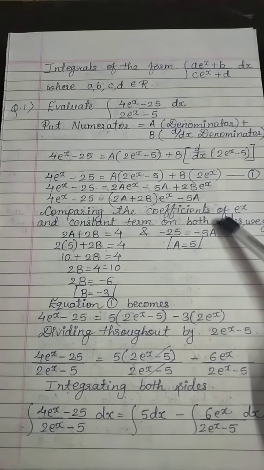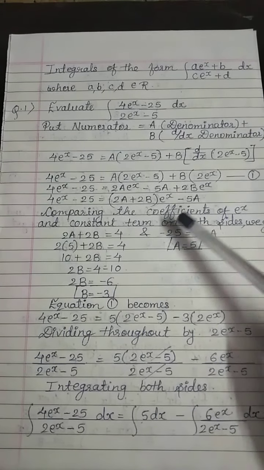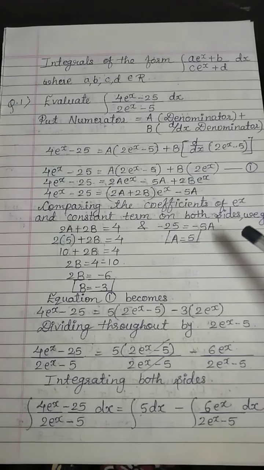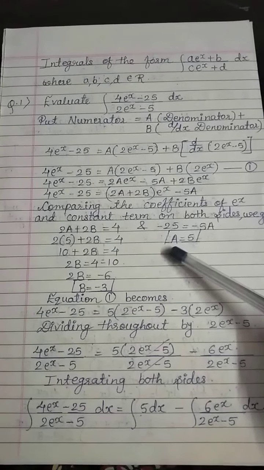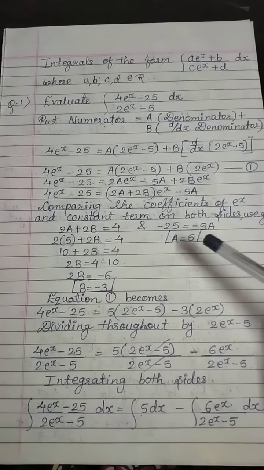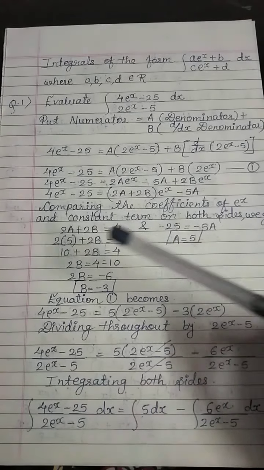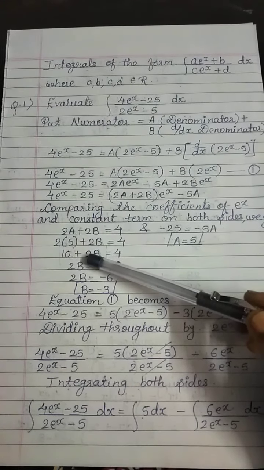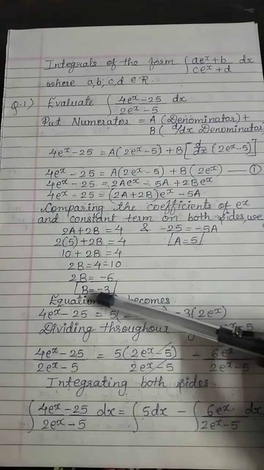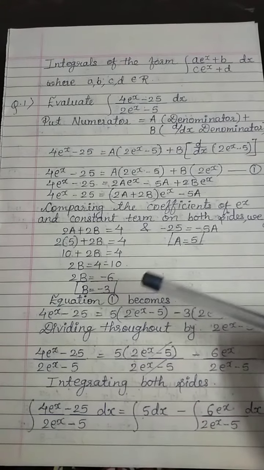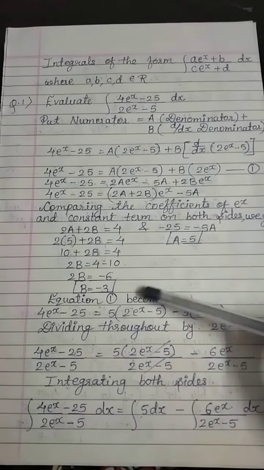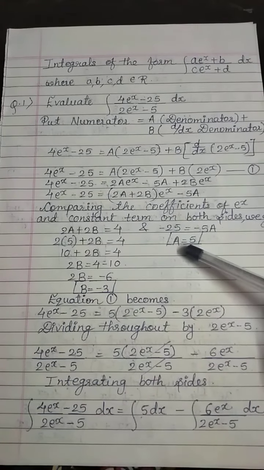Since here only one constant, that is a, is present, first we simplify the second equation. So the value of a is equal to 5. Now substituting that value of a in the first equation and simplifying, we get the value of b as minus 3.